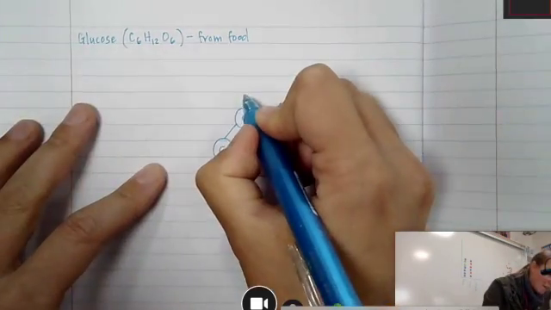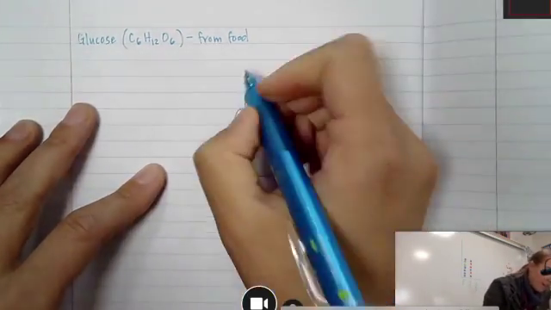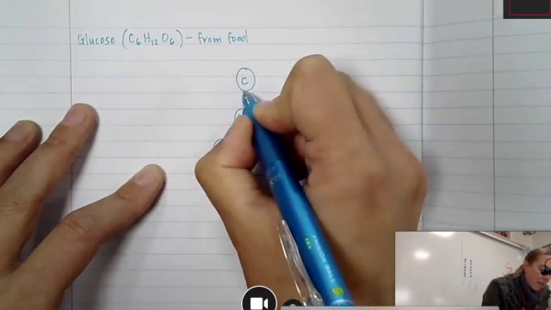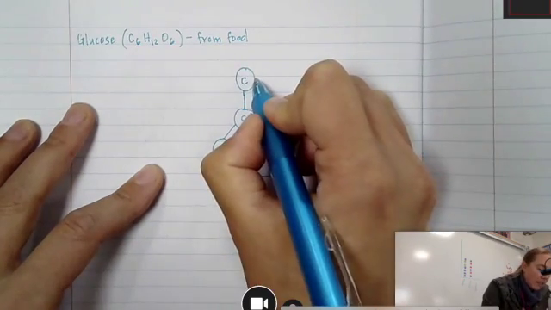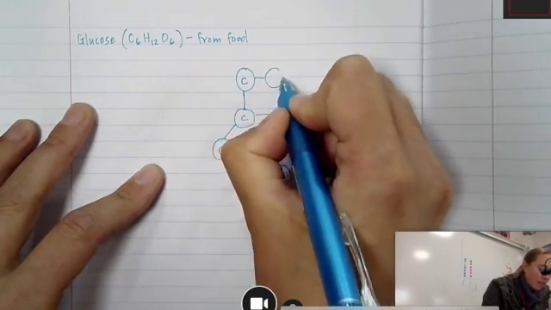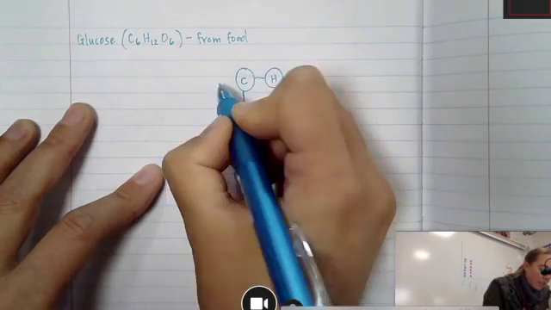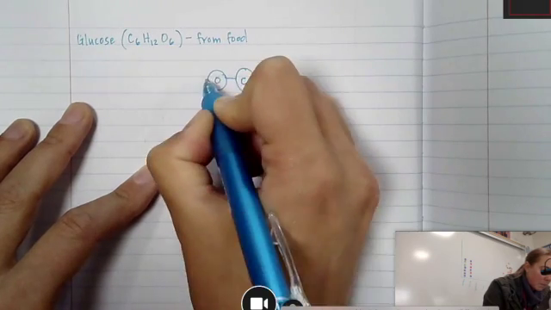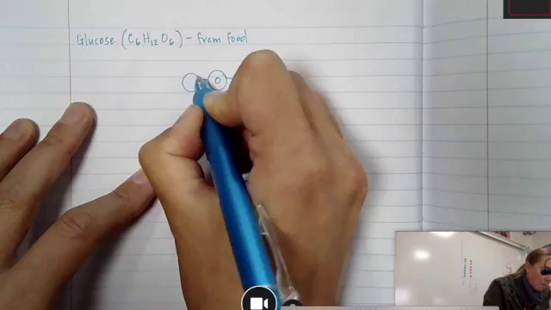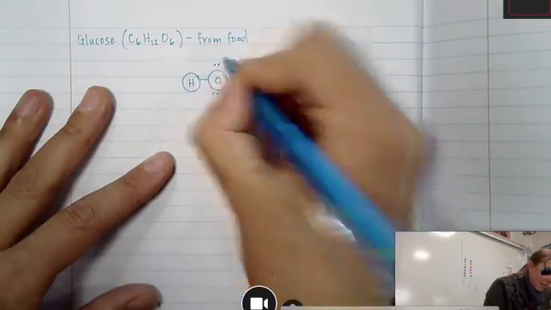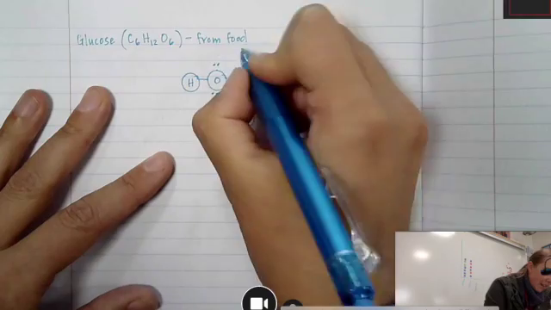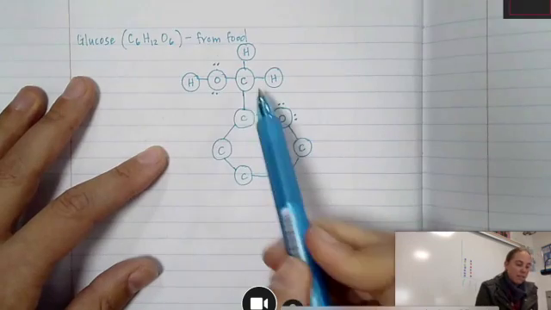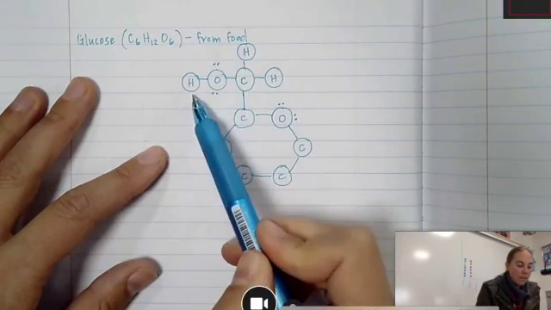Well, the 6th carbon comes off of this one right here, and so we're going to have a carbon, and then carbon needs to have 4 bonds, so we're going to have some H's and some OH's. Oxygen can only have 2 bonds. That H needs to come off of this carbon. So this carbon now has its 4 bonds, hydrogen has 1 bond.